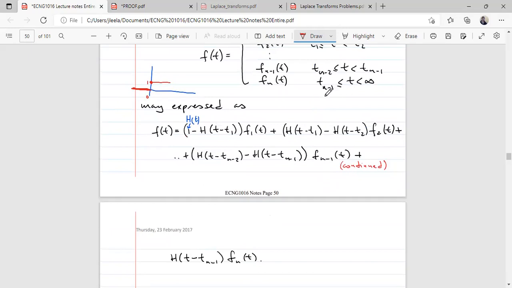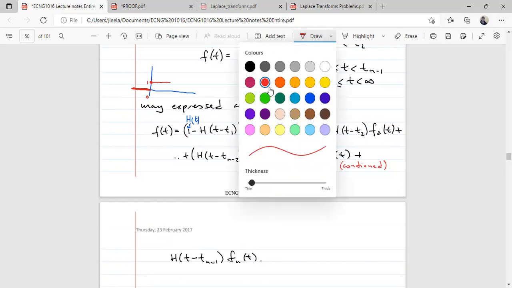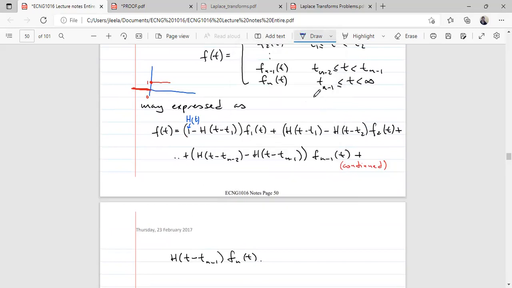This is the last region here. So this will be H(t minus t(n-1)).